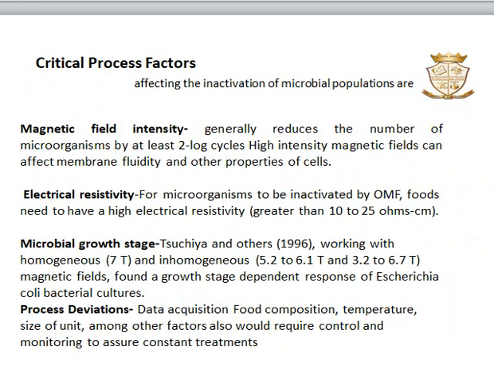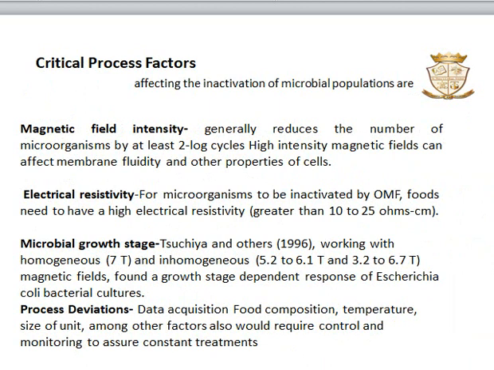Now we can see the critical processing factors which affect the inactivation of microbial populations. The first is magnetic field intensity. This generally reduces the number of microorganisms by at least 2 log cycles. High intensity magnetic fields can affect membrane fluidity and other properties of the cell.